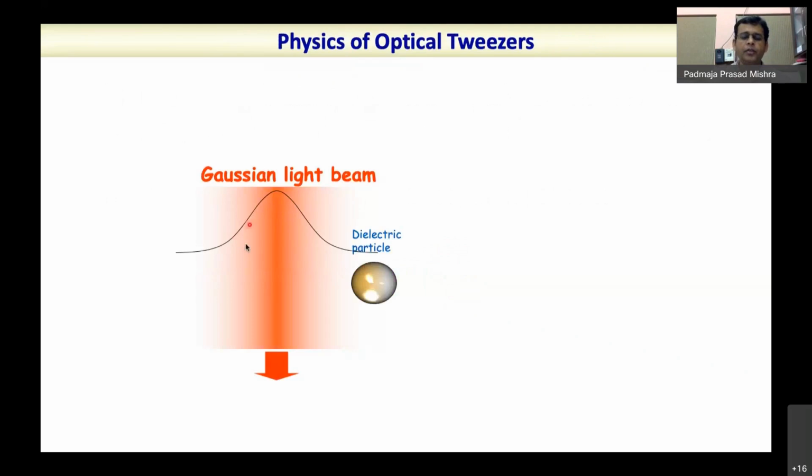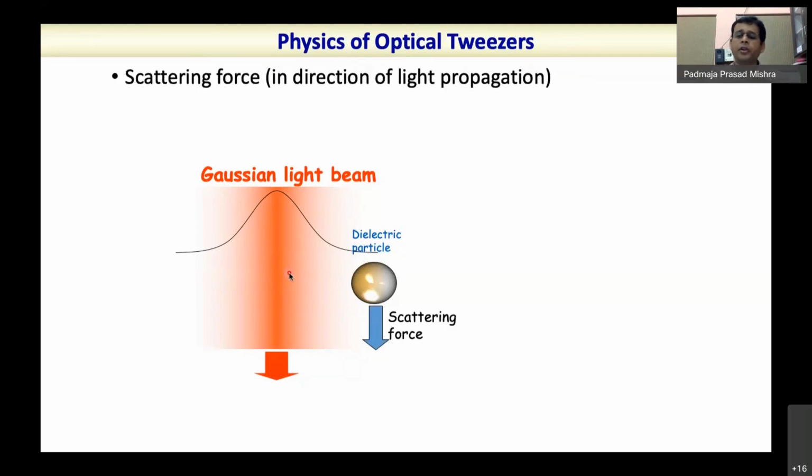And once the high numerical aperture objective is there, and there is an object which is nearby, even if it is not at the center, and some light is passing, if the gradient force is higher, it will pull the object towards the center, and it will trap the object at the center.